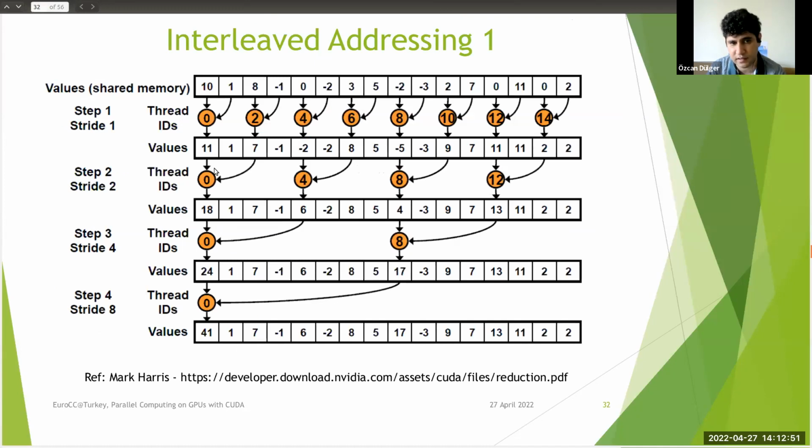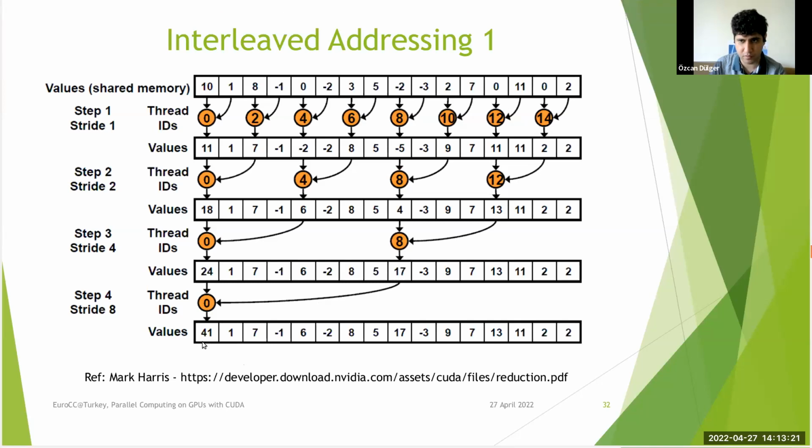In the second iteration, thread 0, thread 4, thread 8, and thread 12 are active and do the summations. In the third iteration, thread 0 and thread 8 are active and do the operations. And in the last iteration of the loop, thread 0 is active and does the summation and gets the overall output of the corresponding block. So these operations are performed in each block.